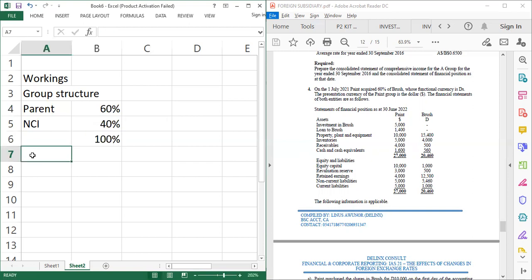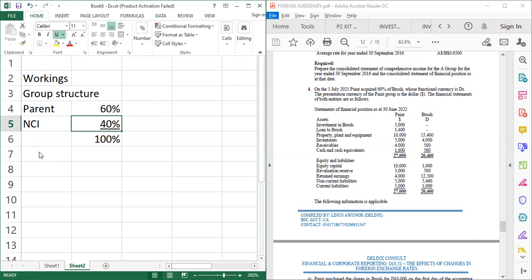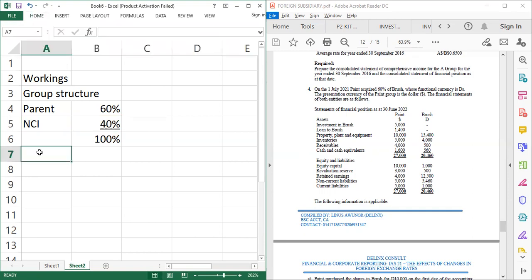The next thing is you have to tell us about the acquisition date. When was the subsidiary acquired? 1st July 2021.